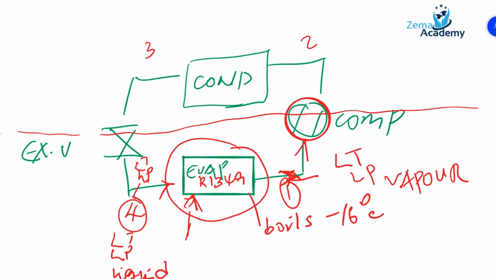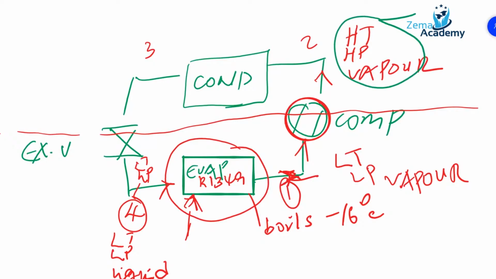The benefit of a vapor or a gas is that by compressing it, reducing its volume, we are able to change its properties. So we use the compressor to reduce the volume of that low temperature and low pressure vapor, and therefore when it comes out here, it comes out as a high temperature and high pressure vapor. And that is what we use for our application.